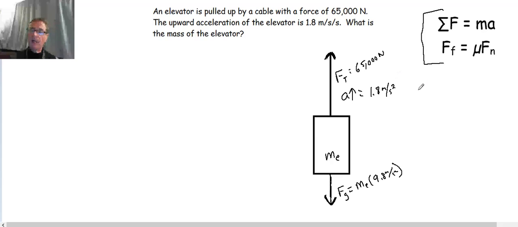What do we got? Well, the sum of the forces on our elevator, and again, this is in the y direction now. We have no x direction forces.